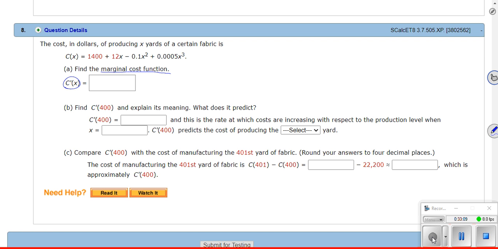So for the cost of producing the 401st yard of fabric, you find the marginal cost of the 400th yard of fabric. So I kind of gave away the answer on this one. Anyway, they've got a pretty good example of this at the very end of the PowerPoint.